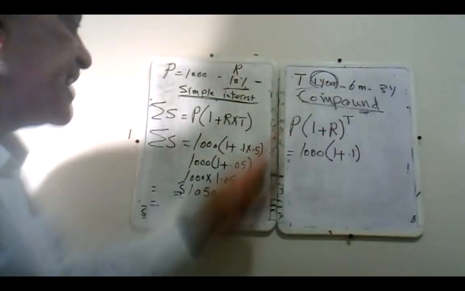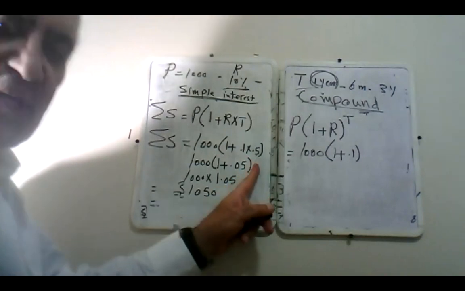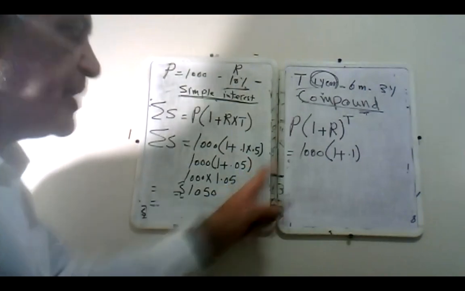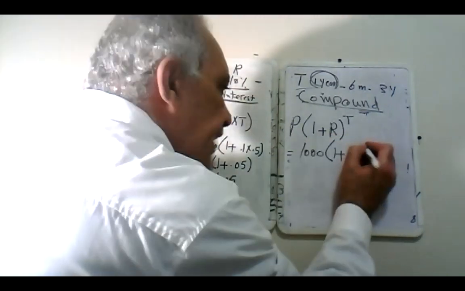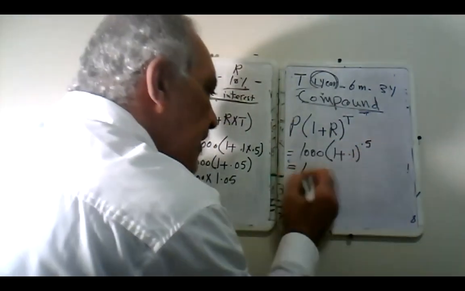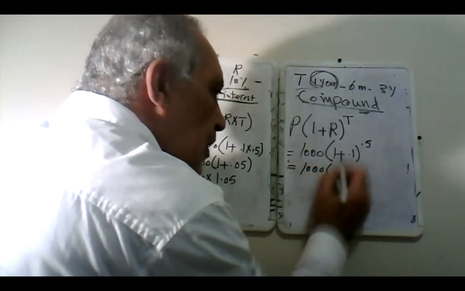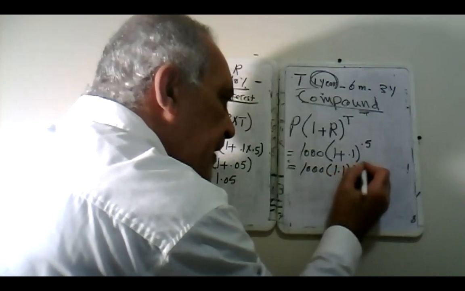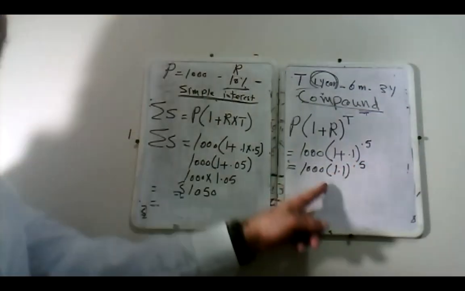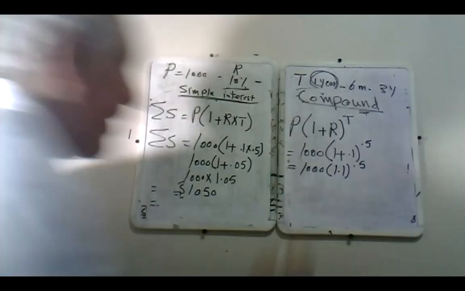But now the T, the 0.5, will not be inside like in the simple interest. It will be the power of the whole bracket. So this will be $1,000 times 1.1, but to the power of 0.5.